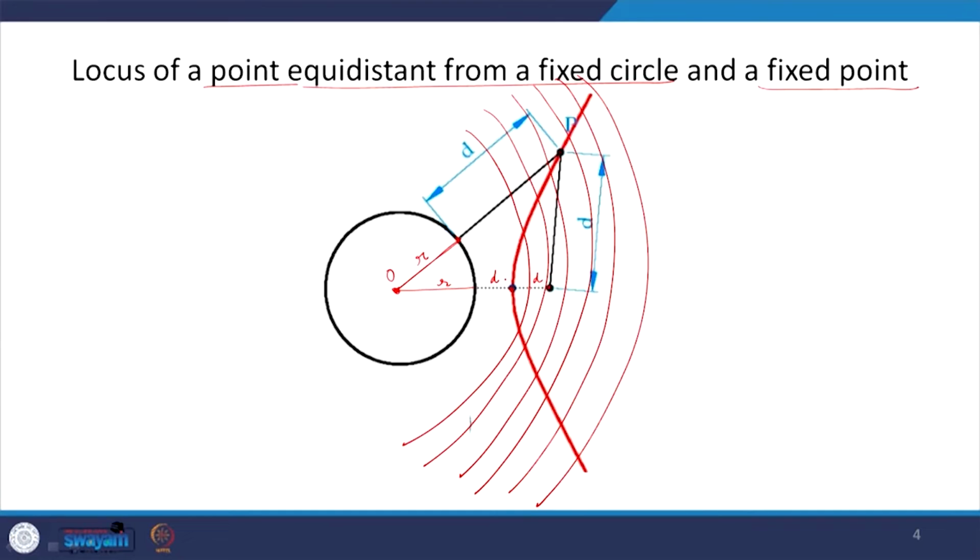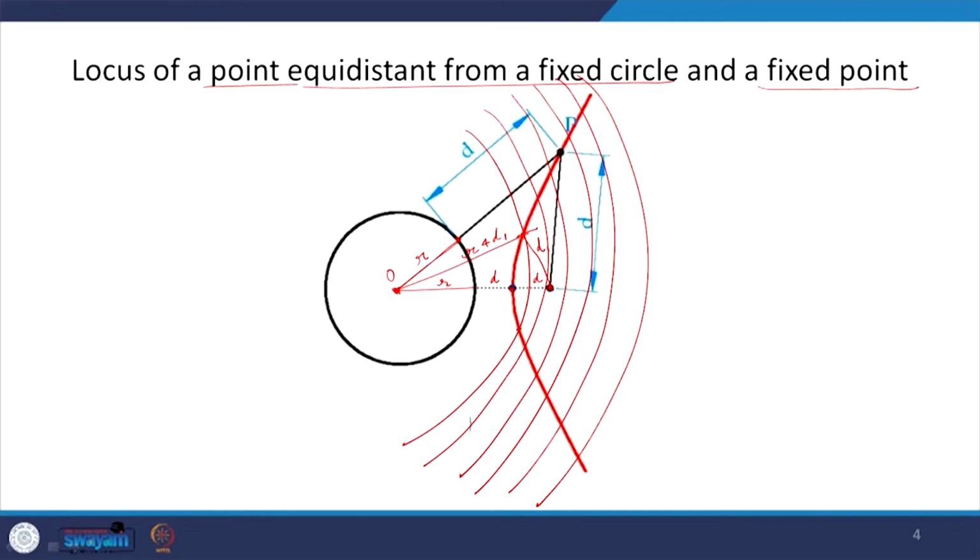This is the vertex. Now the next point, say anywhere. If I take any distance, say d1, and mark d1, the distance from the center of this circle will be r plus d1. That is the next point.